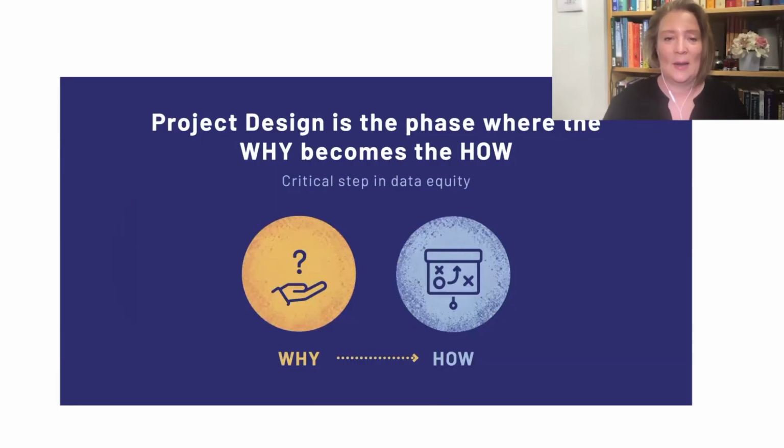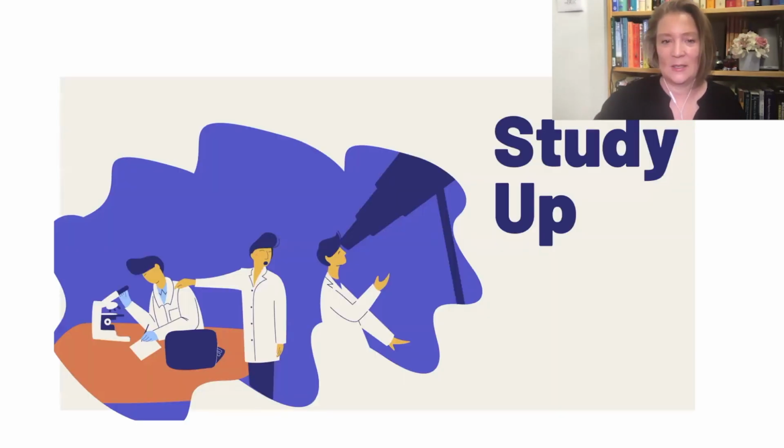So for example, all the funding and all the motivation that led to the data being created, somebody had to operationalize those ideas. Some people had to decide why and how that data set would come into existence.